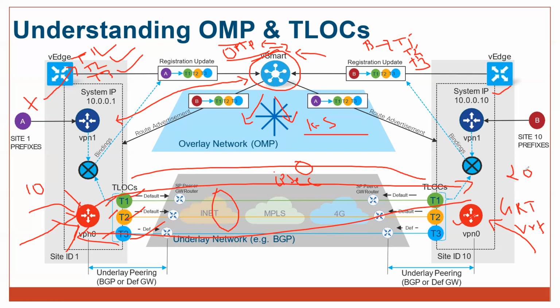So you have to go and create some sort of data policy inside vSmart. vSmart has to leak 10 to 20, 20 to 10, and then they will communicate. But this VPN is nothing but a VRF. A VRF is nothing but label switching. These labels are internally bound with this VPN 0. They are glued with this. They are part of the same system.